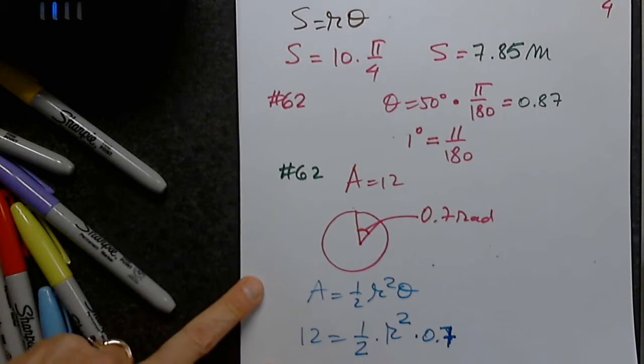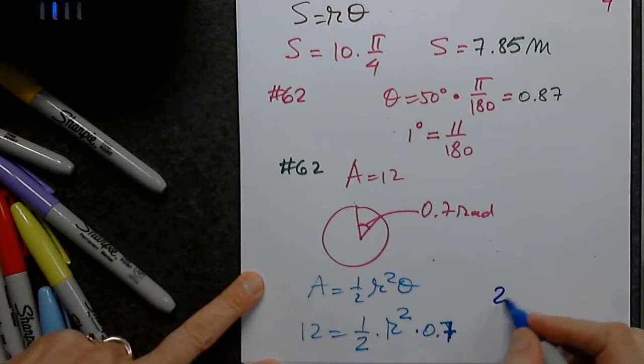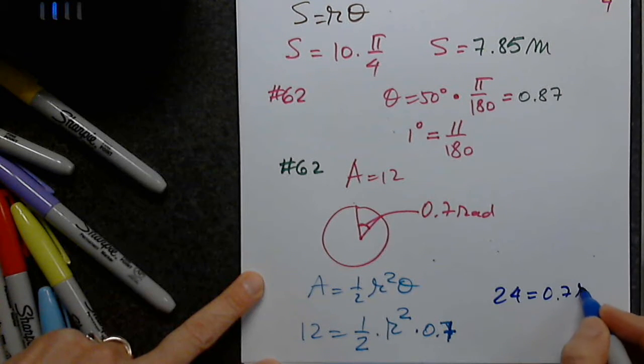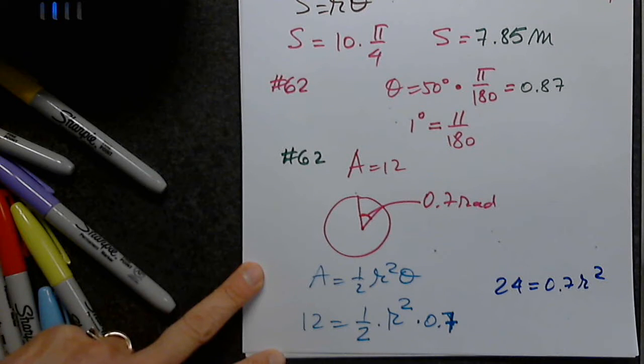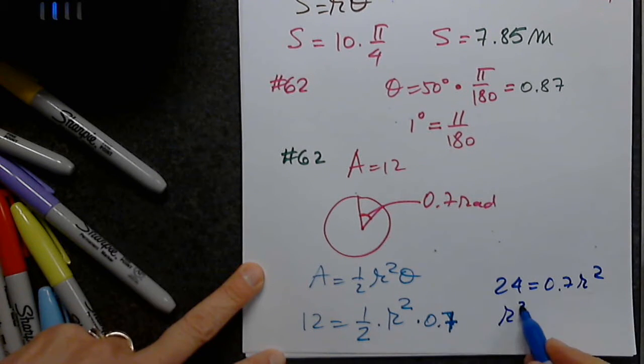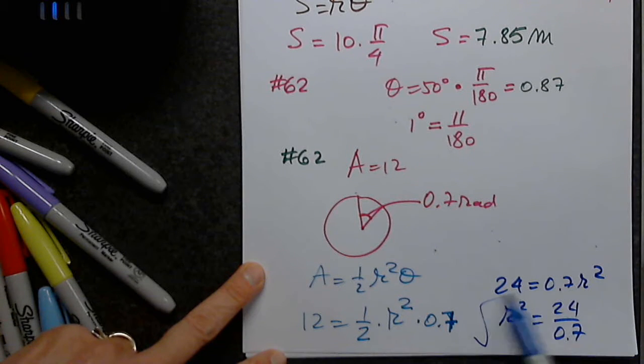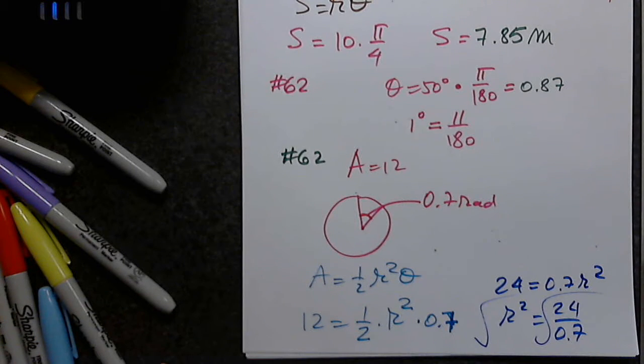First, I multiply both sides by 2 to get rid of fractions. So I have 24 equals 0.7 r squared. And then r squared equals 24 over 0.7, and I will not bother with it. I will just take the square root of both sides. I normally write plus or minus. However, what will you say about this case?